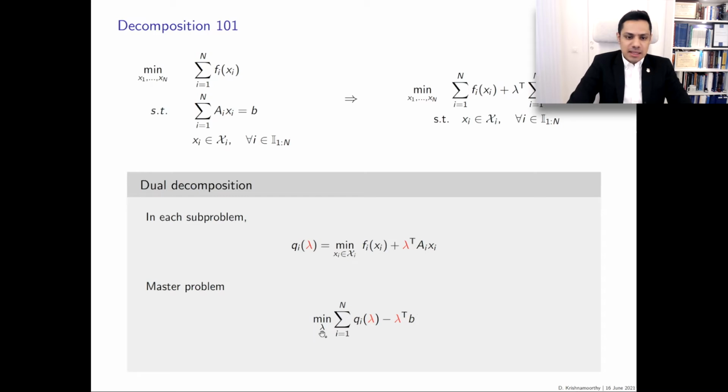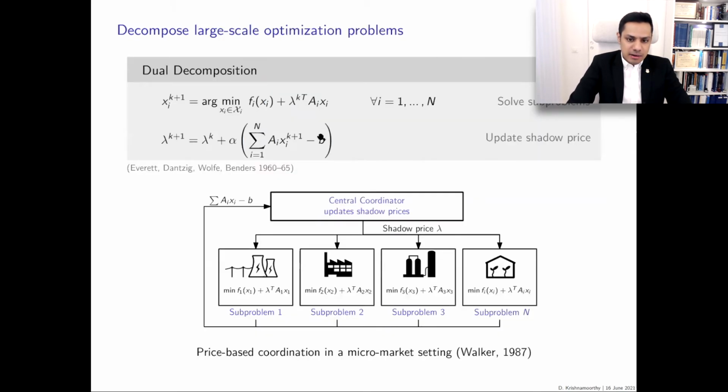It can be seen that the subgradient of the master problem is nothing but the coupling constraint itself. Therefore, we can update the Lagrange multiplier using a subgradient descent step with a step size alpha, as shown here.